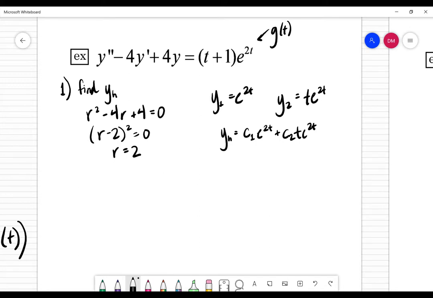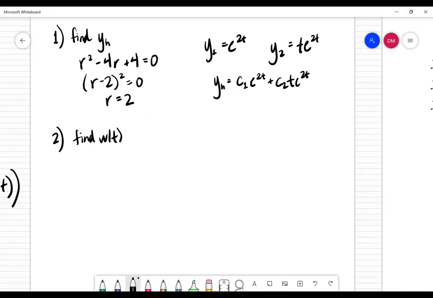All right, second step after we've done that is we are going to go ahead and find the Wronskian. And we do that by taking y1 and y2, plugging them into that matrix, our coefficient matrix, with their derivatives. So I get another product rule here.